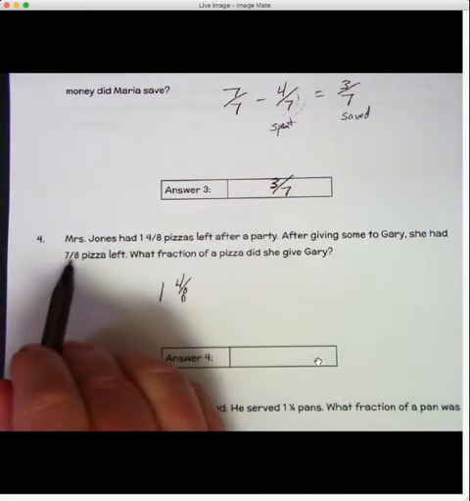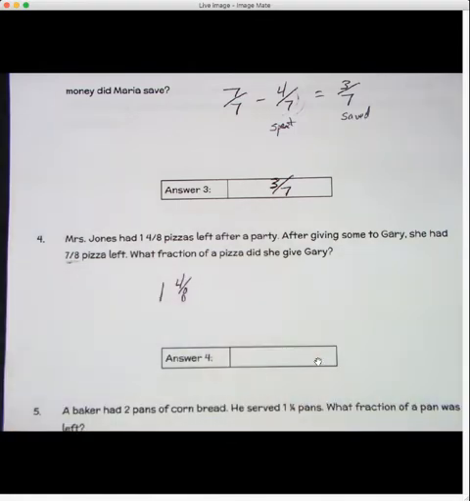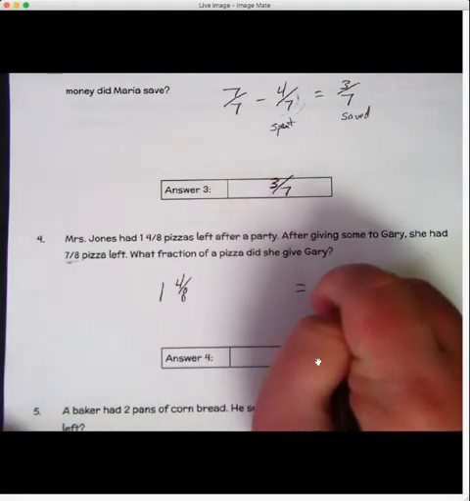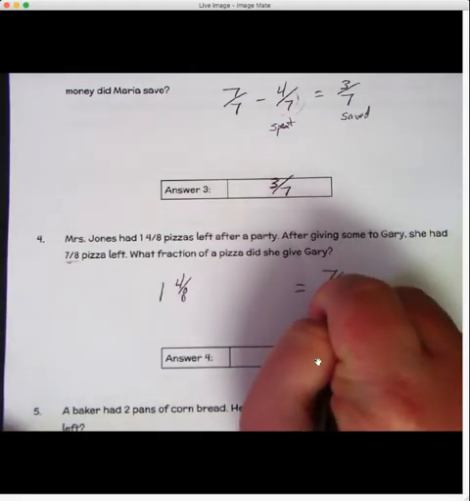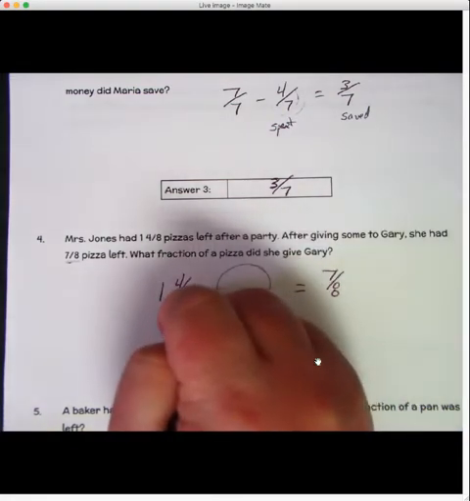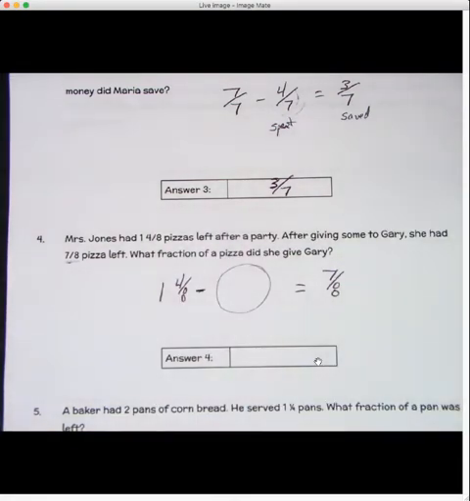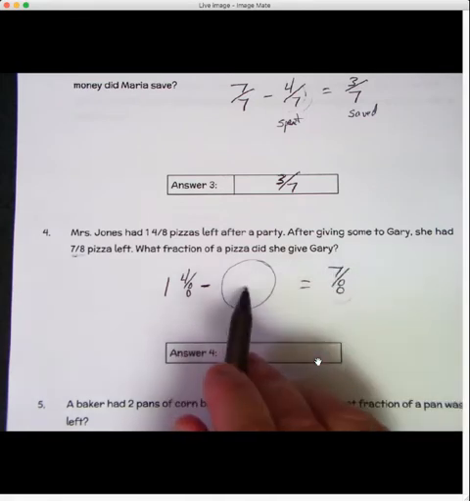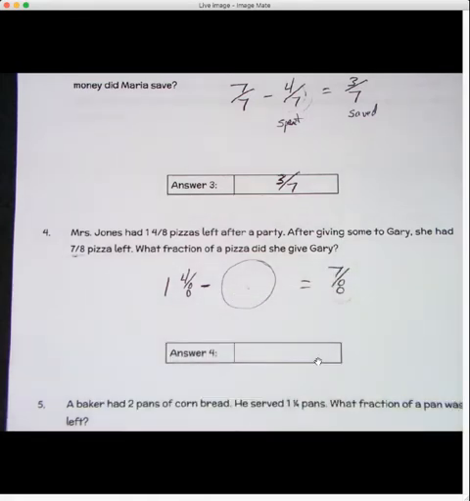Well, we're taking away. We're left with 7/8. So we know over here somewhere we've got to get 7/8 left. And what we're trying to find out is how much she gave away, how much she doesn't have anymore. If she started with this much and she ended with this much, how much did she give away to Gary?